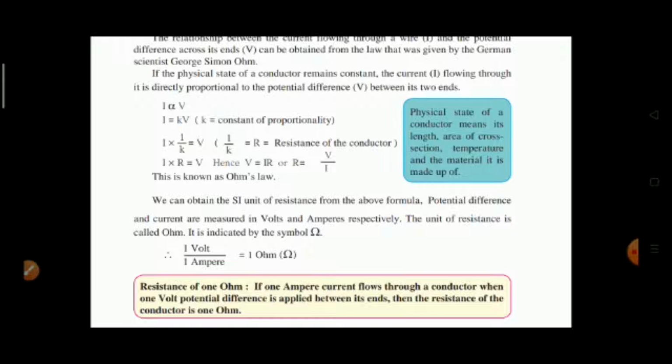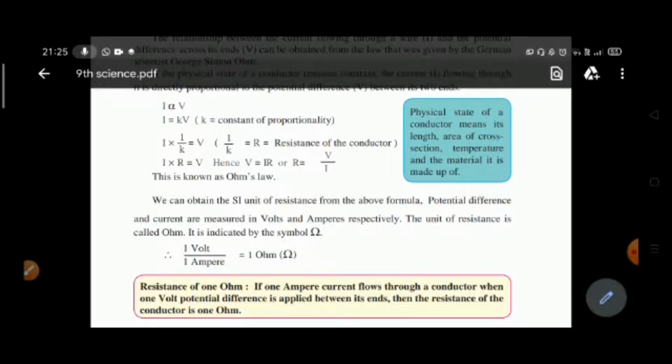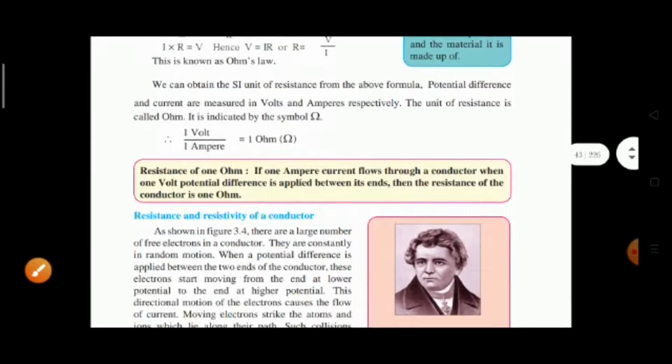This is known as Ohm's law. This is how the ohm is designated: 1 volt upon 1 ampere is equal to 1 ohm.